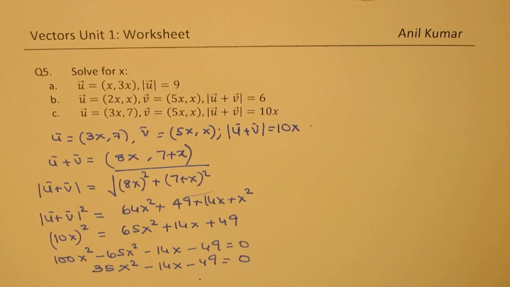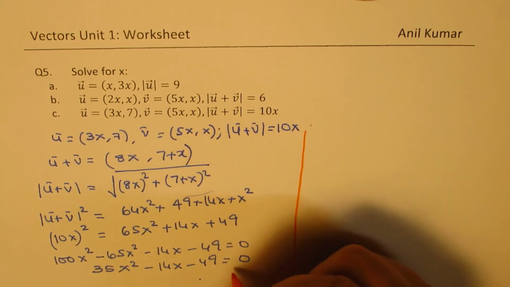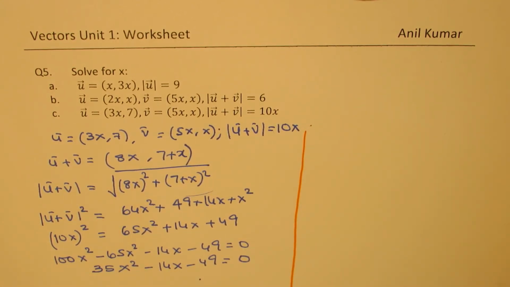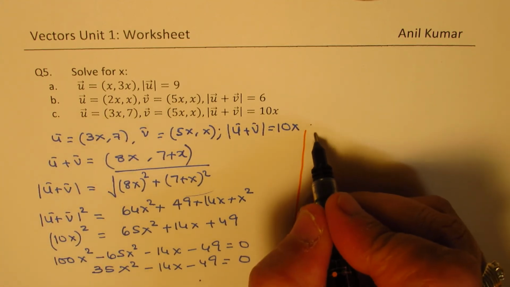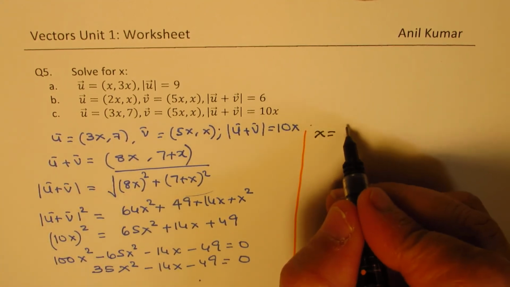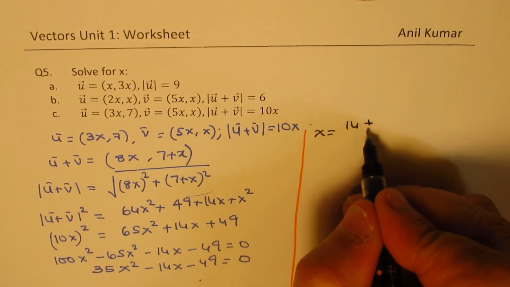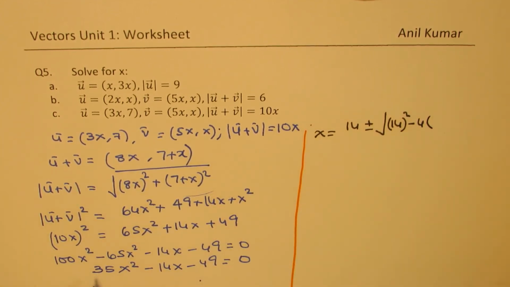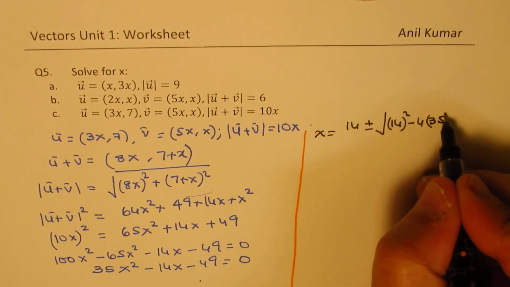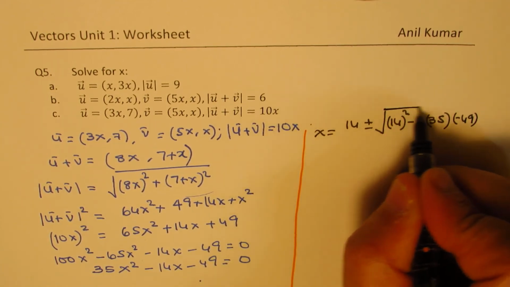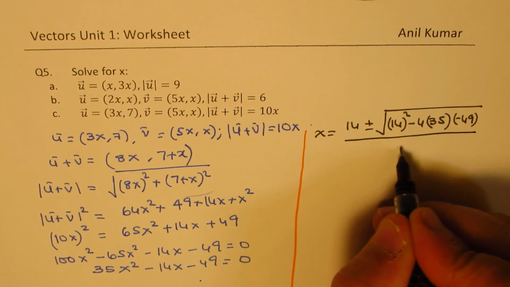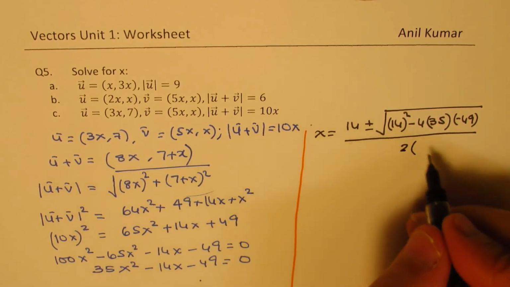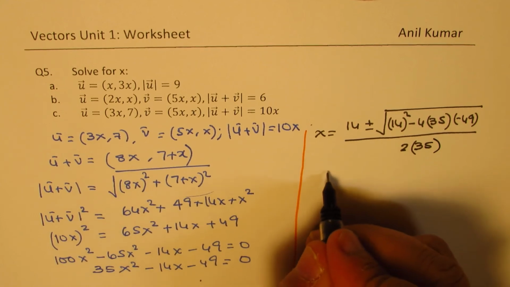So now you can use the quadratic formula to find the solution. Or we need sum and product also, you could do. But anyway, we'll use the quadratic formula to find the solution. So x equals minus of minus 14, which is 14 now, plus or minus square root of 14 square minus 4 times, so quadratic formula, 35 times minus 49, square root, over 2 times 35, correct?